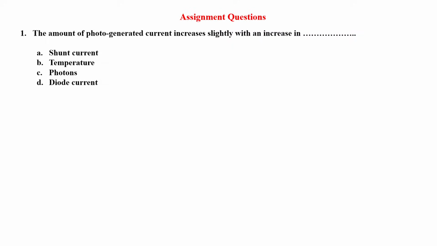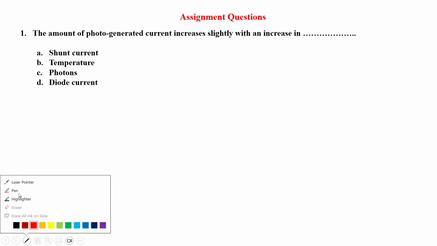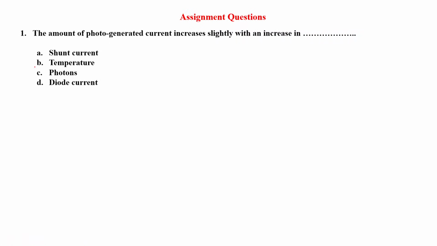You might have seen the answer of this. So let us move to the next one. So the answer to this: with the increase in the temperature, the amount of photo generated current also increases. Moreover, various other factors also increase with the increase of the temperature, such as kinetics and rate of the reaction. All those things increase with the increase in temperature.